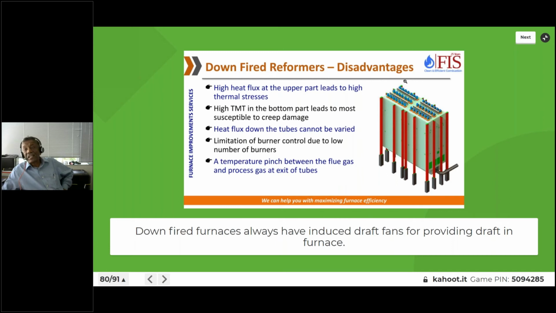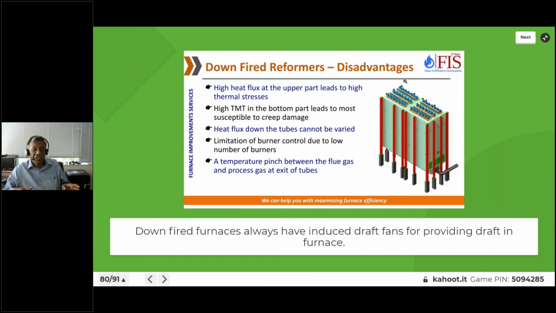One thing I can tell you is that with any down-fired reformer, even though you're firing down, because of the high temperature, flames have a tendency to go up. So no matter what you do, the flames will tend to go up. And when you have that, you will always end up with flame impingement in these reformers, unless they are designed very, very nicely.